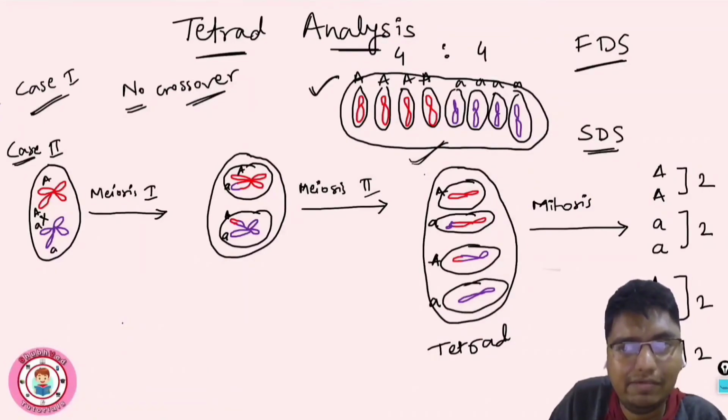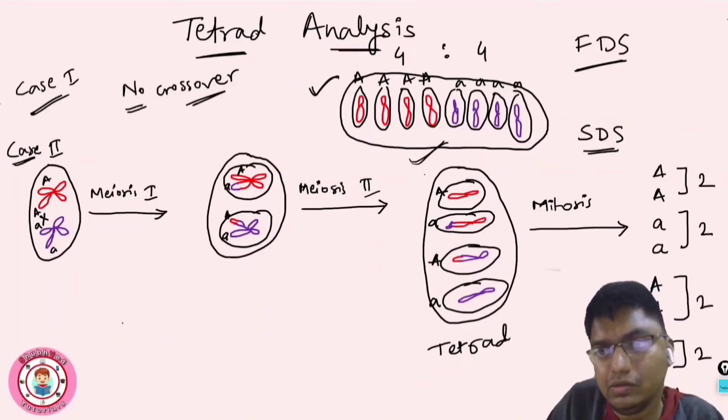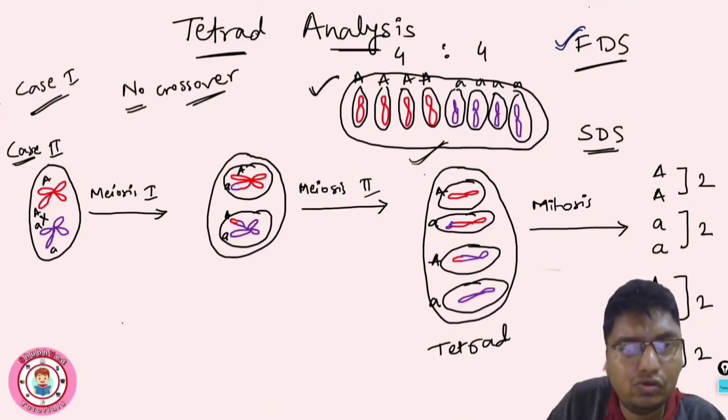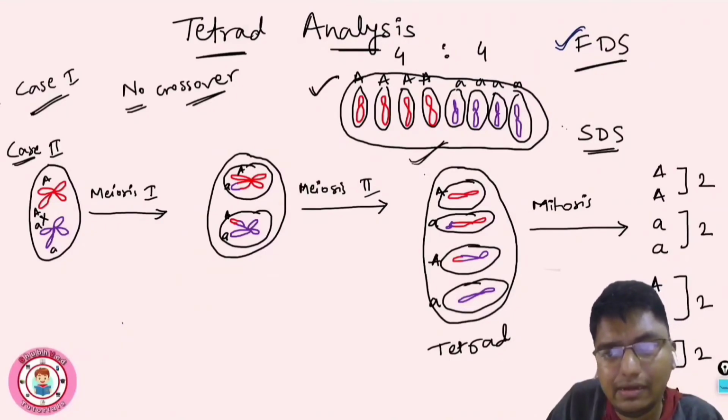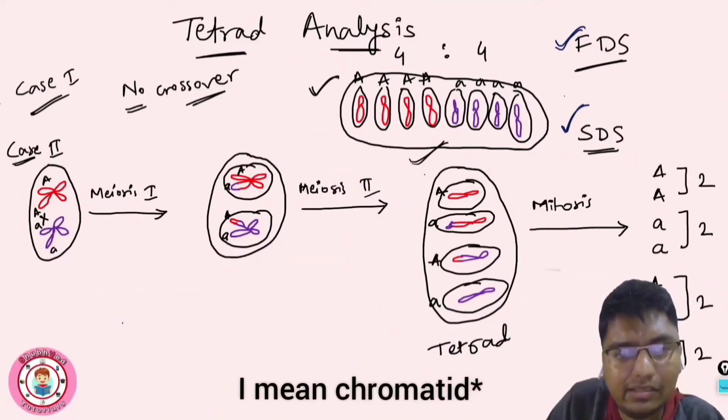FDS is the first division segregation where there is no crossover, right? FDS is the case 1 which we discussed previously, okay. Then SDS, the second division segregation, has 2 types where there is crossover. First crossover is between the second and third chromosome, and these are the ratios, 2:2:2:2, okay.